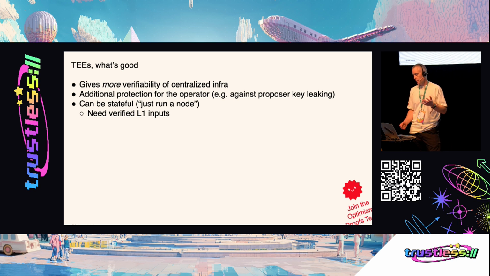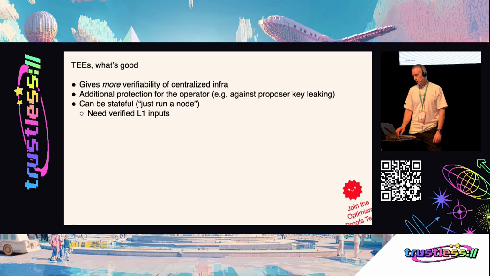The attestation can commit to a specific hash for a boot disk image or whatever, and you can verify all of that. It gives more protection for the operator as well. So, for example, against your proposer's key leaking, which also may not matter in a permissionless situation, but depending on how you're set up, this is an interesting benefit.